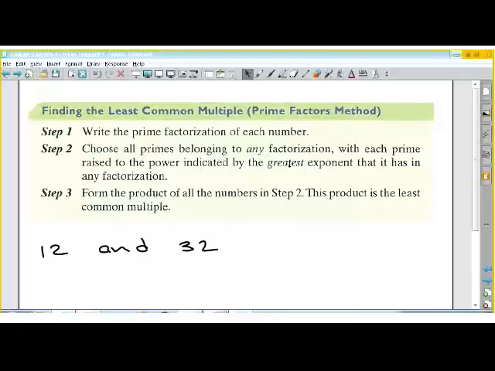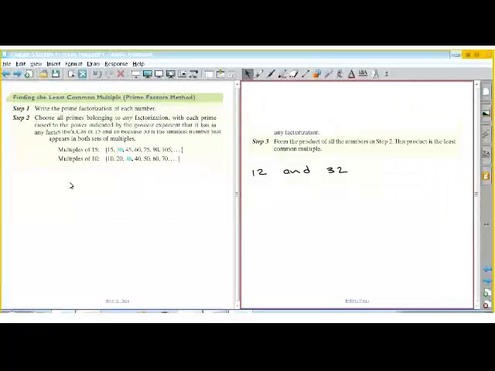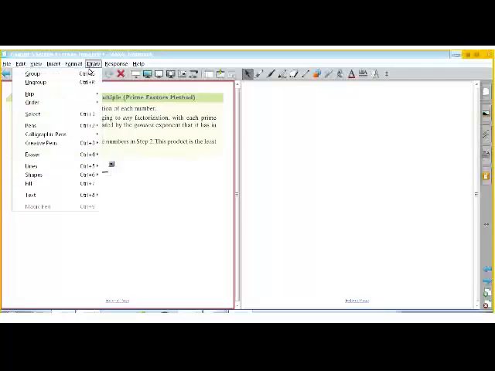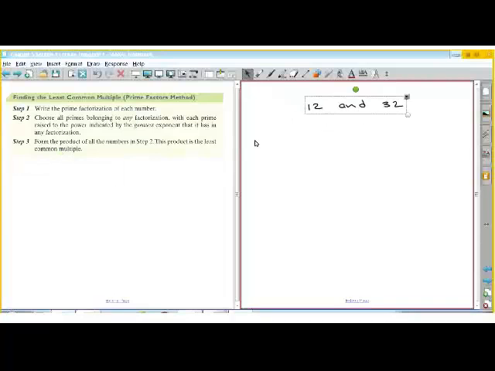And you choose the greatest exponent instead of the least exponent. So it's kind of exactly opposite. And then you multiply the numbers together and you get the least common multiple. So what we'll do is we'll use these rules to find the least common multiple of these two numbers.